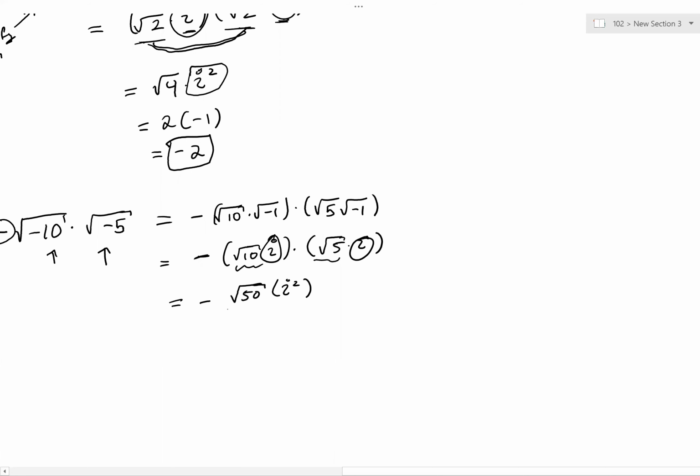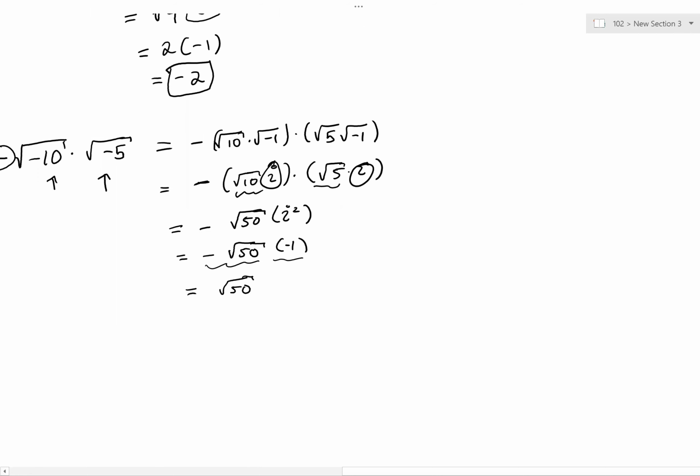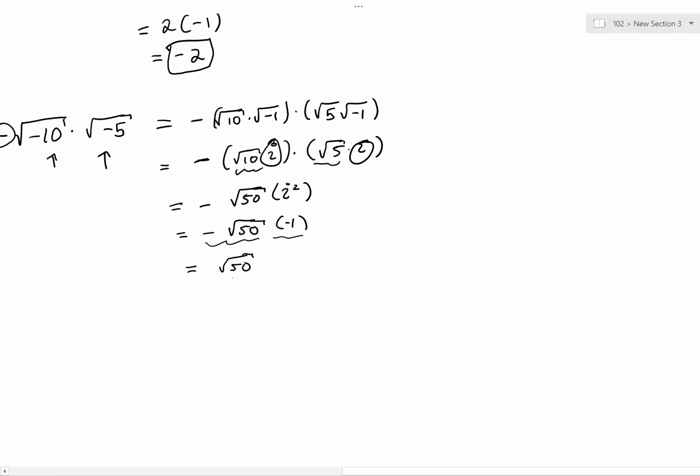So I'll deal with the square root of 50 at the end, but I know that i squared is -1. So now I'm multiplying a negative square root of 50 times a -1. Well, a negative times a negative is a positive, so this just becomes the square root of 50. And if you remember from earlier sections, 50 is divisible by a perfect square.